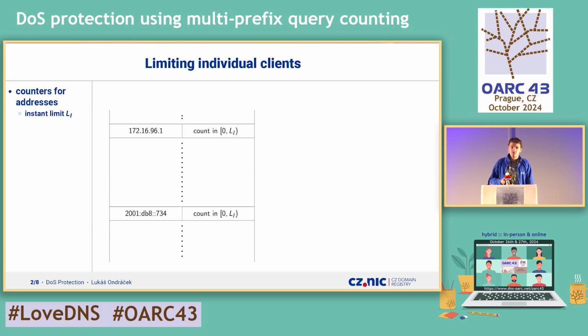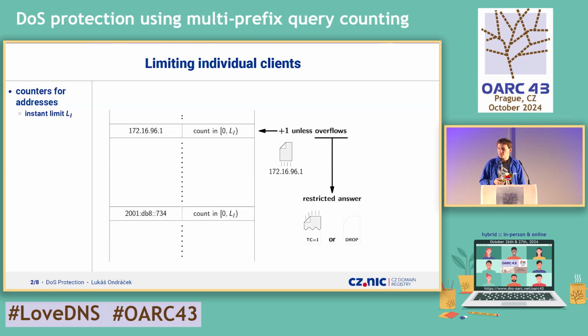So let's imagine we have a table with all IP addresses, and there is a counter for each IP address. I will say in the implementation part how to store only the relevant rows of the table. Now, when a packet arrives, we increment the respective counter in the table unless it would exceed its limit, in which case we restrict the answer.